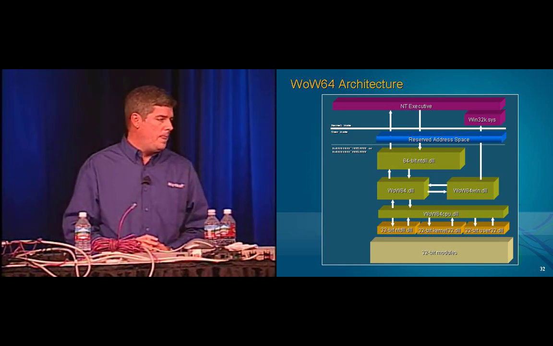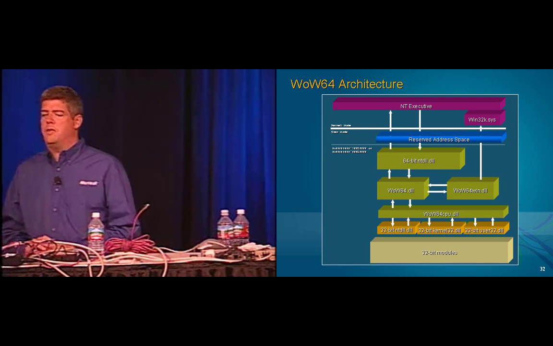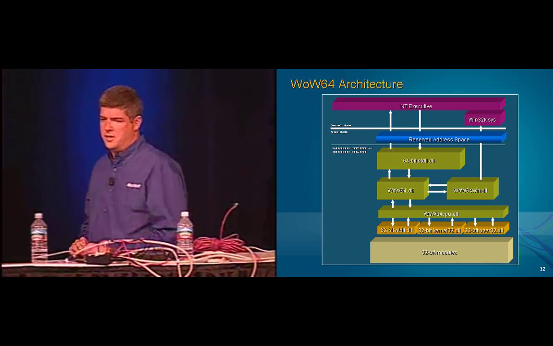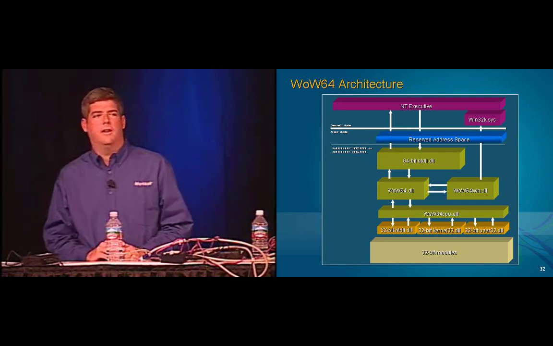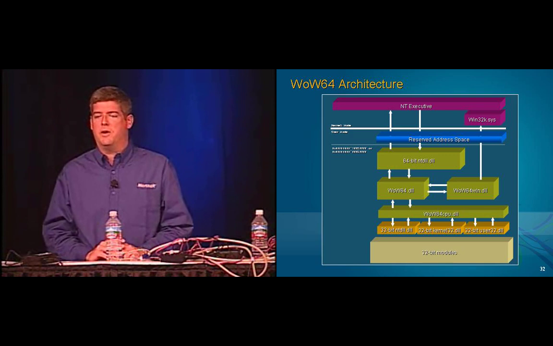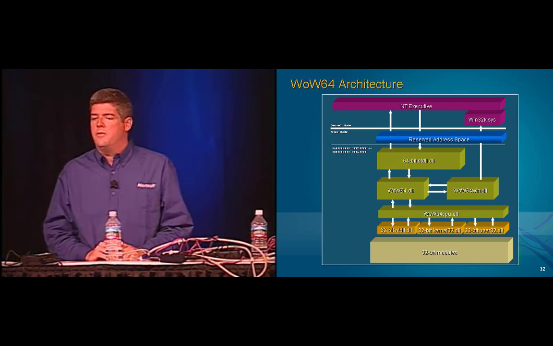This is actually kind of an interesting point, and I'll come back to it in a few minutes. In the process, there are, in general, only going to be 32-bit versions of DLLs. The exception is the native 64-bit NTDLL, because every process has to have an NTDLL in it in order to talk to the kernel. And then there are three 64-bit support DLLs that allow the process to run in this environment.